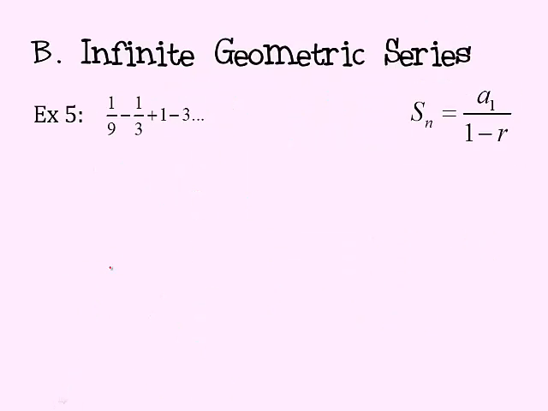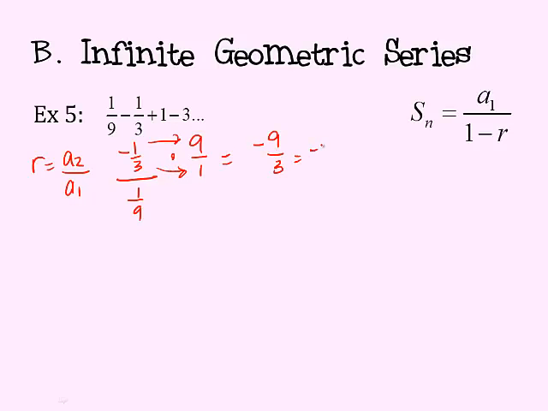All right, let's look at this one. Another infinite series. Let's just see where this goes. Again, you've got to find r. So it's a sub 2 divided by a sub 1. a sub 2 is negative 1/3 divided by 1/9. Okay. Keep it, change it, flip it. Multiply straight across, remember? So I'll have negative 9 over 3, which is negative 3.